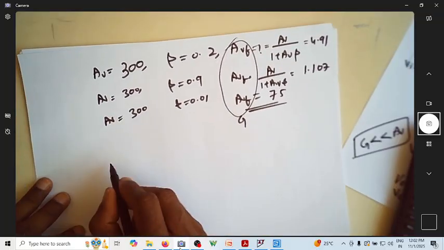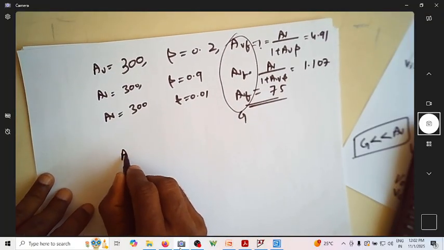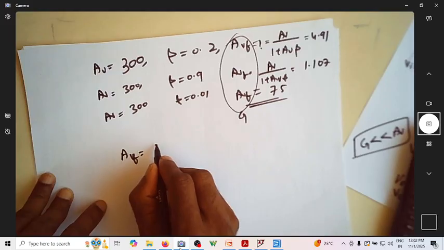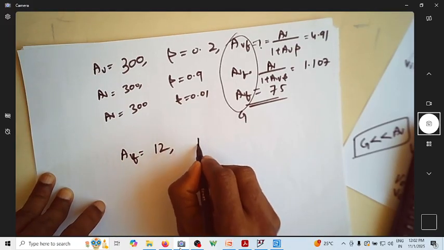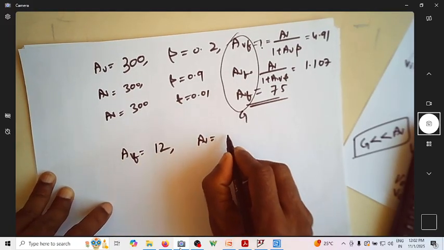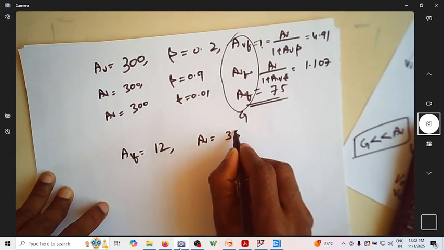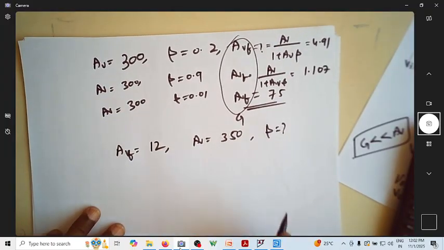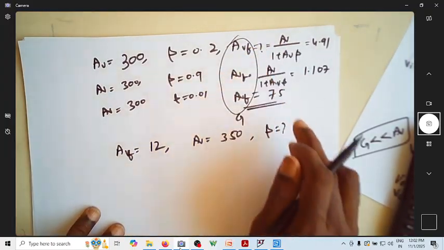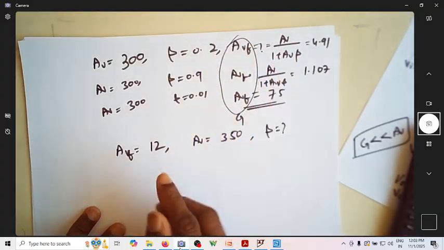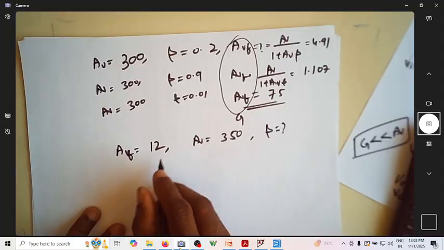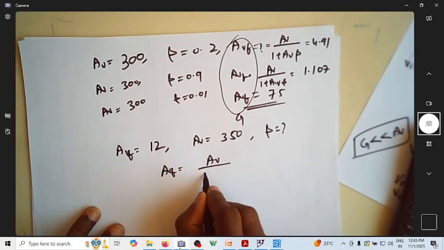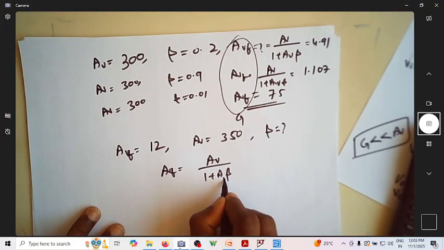Assume that you want to get an AVF of something like 12 from an AV of 350. Then what should be beta? We can get the expression of beta in terms of AV and AVF. AVF is equal to AV by 1 plus AV beta.